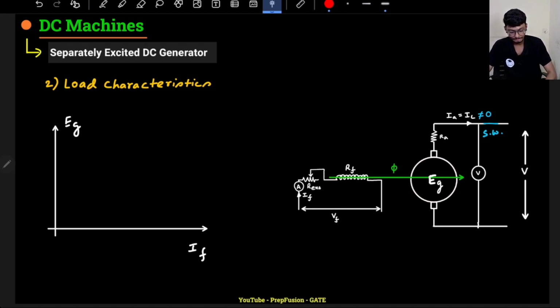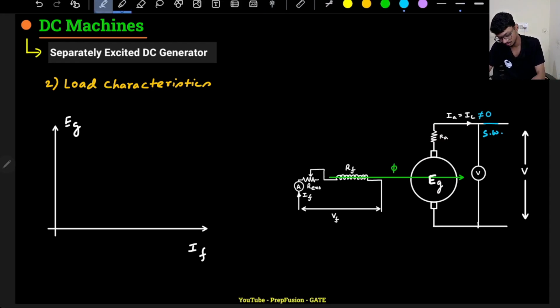But remember, I won't be able to pass on any current. Why? Because, as I have told you, the load current is non-zero, so the generated voltage has to overcome both this armature drop and the brush drop. If load current was zero, then there was no problem.